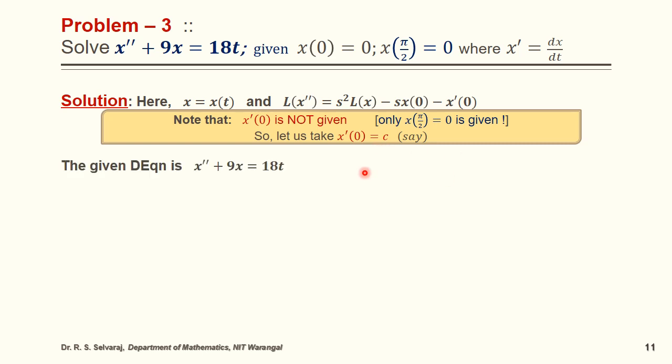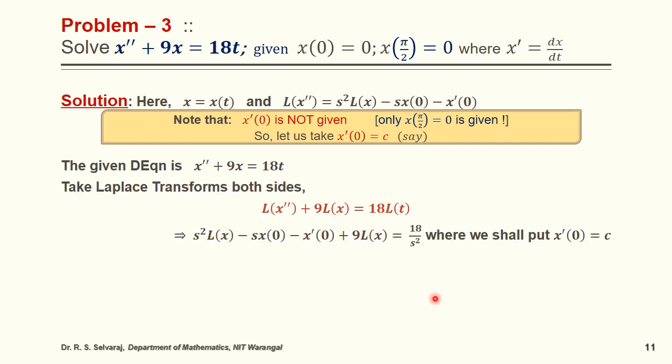Now we will consider the differential equation again, and we will take a Laplace transform both the sides. We will get this expression, and we will substitute the formulas, and we shall put x dash of 0 is equal to c. We will get an expression like this. So L of x is given to be 18 divided by s square into s square plus 9, plus c divided by s square plus 9.